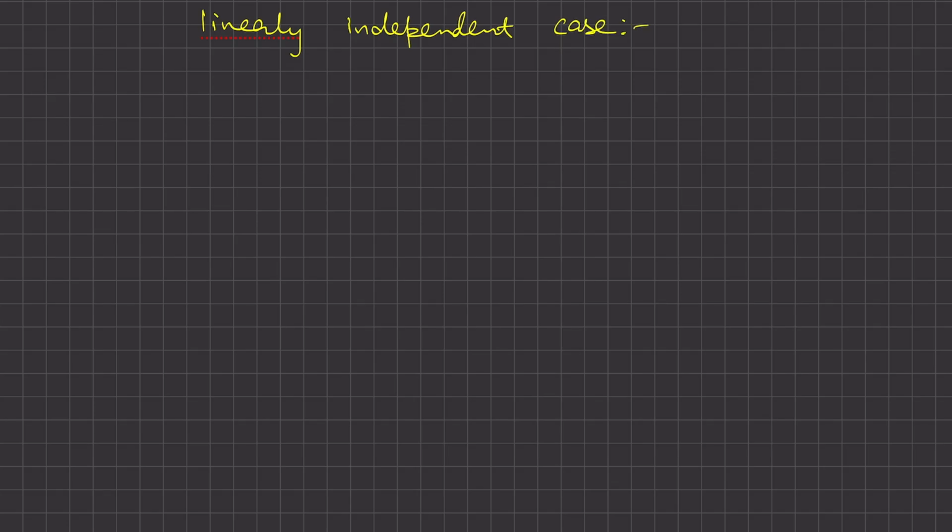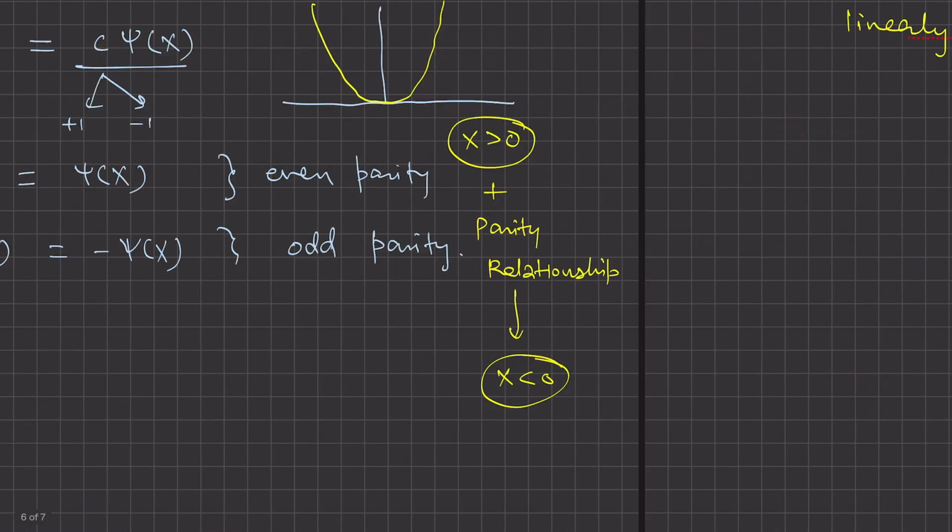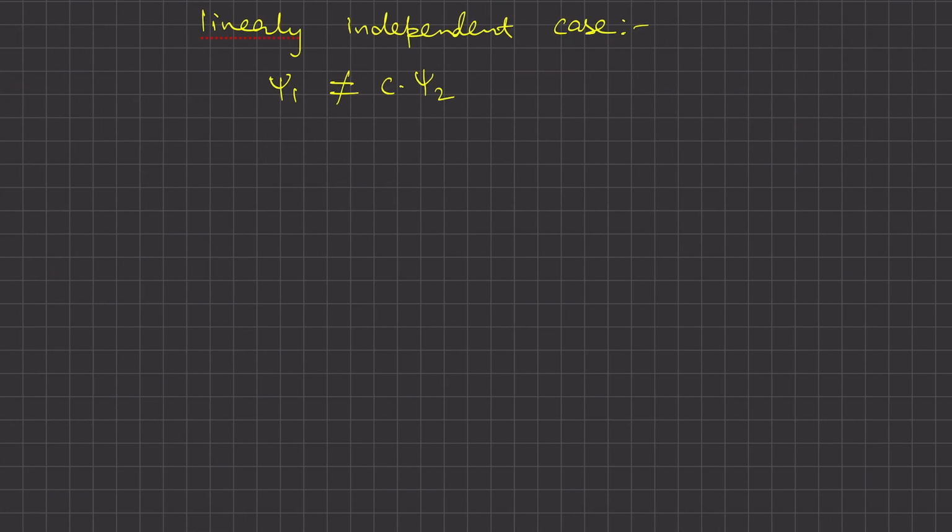So we don't know. In this case, we just know that psi 1 is not equal to any constant c times psi 2. That is why we are calling them independent. See the name, psi 1 and psi 2 are not depending on each other with just some constant. So this is why we are naming it linearly independent.